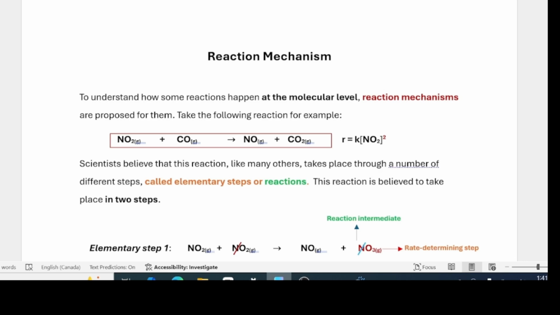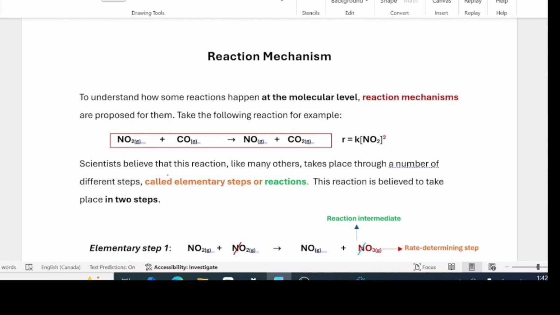To understand how some reactions happen at the molecular level, reaction mechanisms are proposed for them. The following reaction, where nitrogen dioxide gas is reacting with carbon monoxide gas to produce nitric oxide gas and carbon dioxide gas, will be used to exemplify how a reaction mechanism is created to explain how it happens at the molecular level.